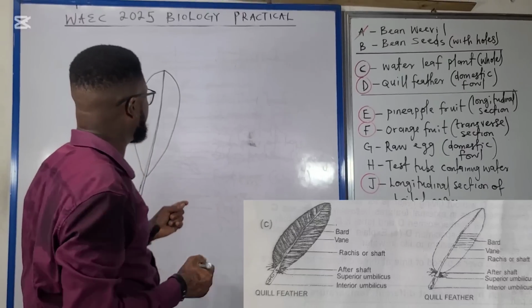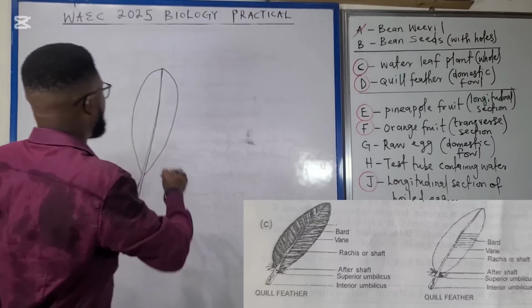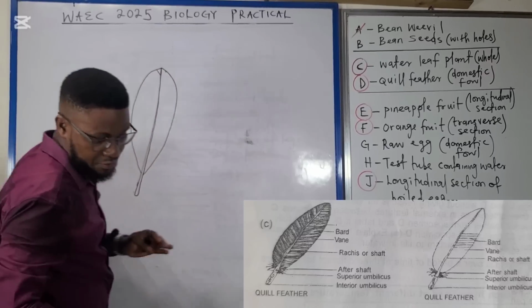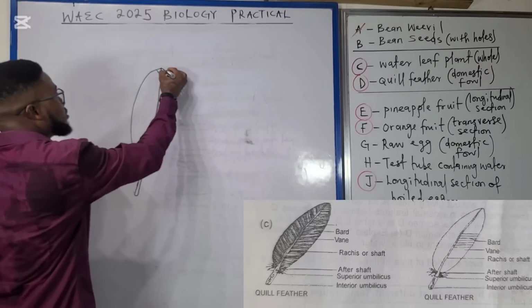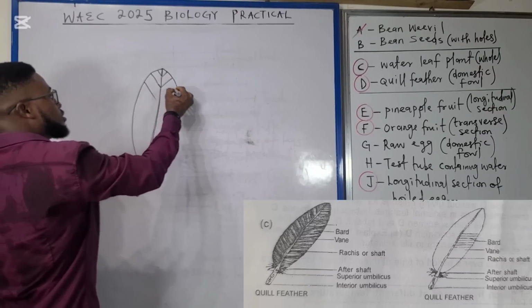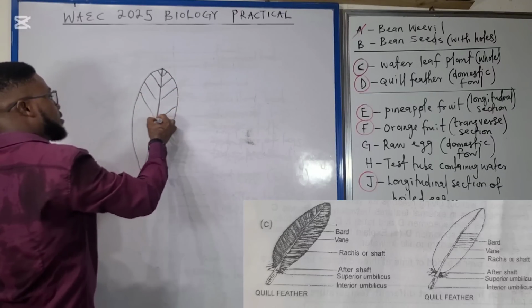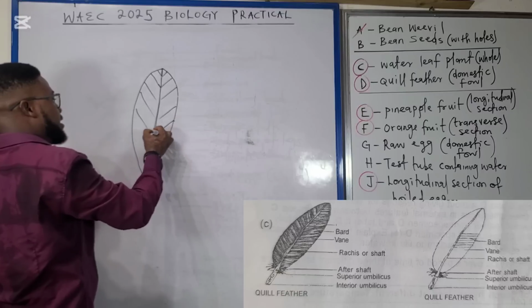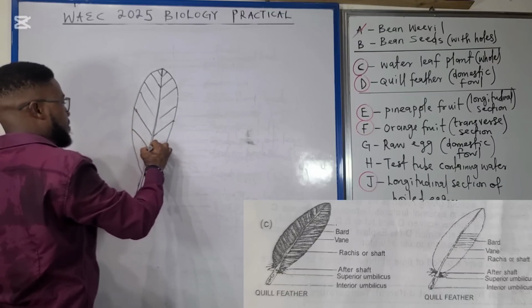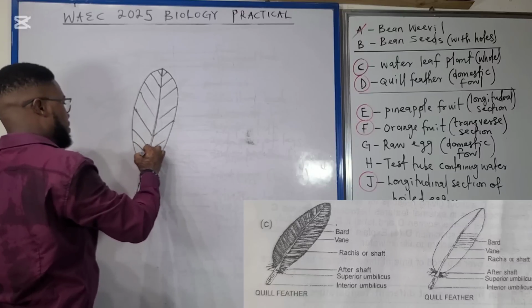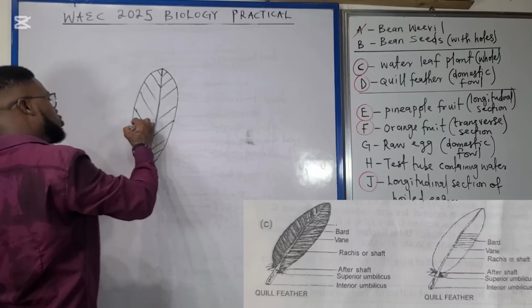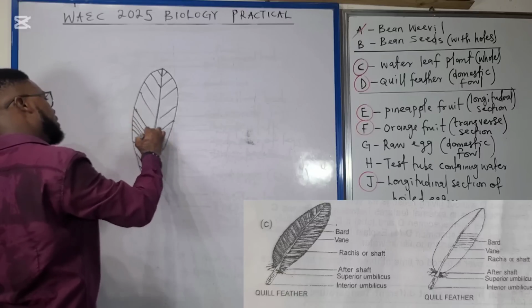So the next thing for us is to begin to draw the vein. We can start from the top here. The vein should just be about the same line as we begin to draw it. These are the vein. So you can then increase this.